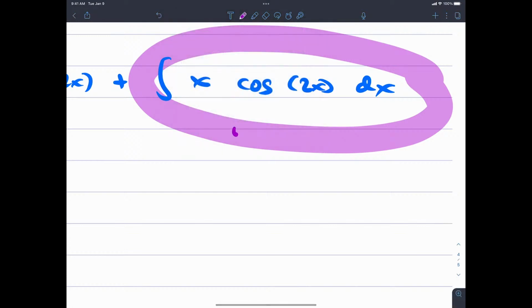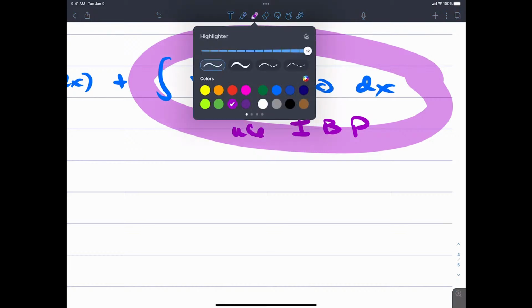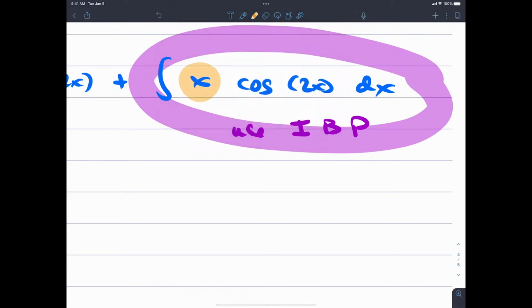You're going to have to use integration by parts again. Why would you use it again? Because you got to break down that x. There's a product again here. So you're using integration by parts twice.